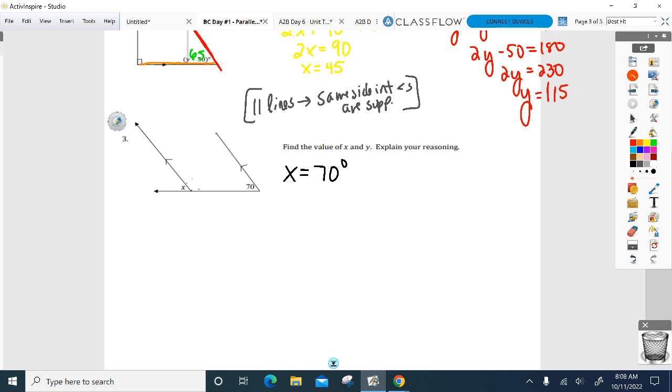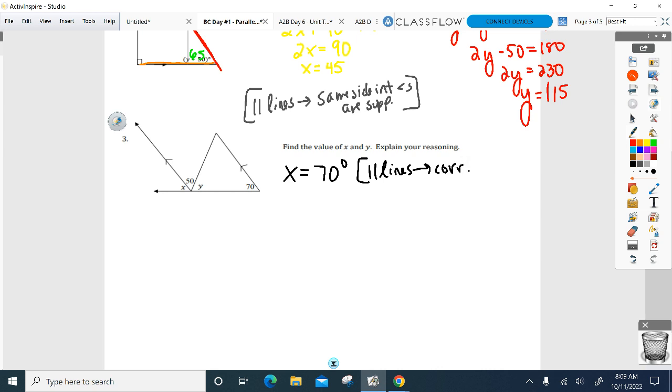Also, here's a quick parallel line tip. Corresponding angles are the only ones where one's exterior and one's interior. See how I got my line? 70's inside, x is outside. That's the only pair where one will be outside, one will be inside: corresponding. So yes, x and 70 are corresponding. I would write parallel lines imply corresponding angles are congruent.